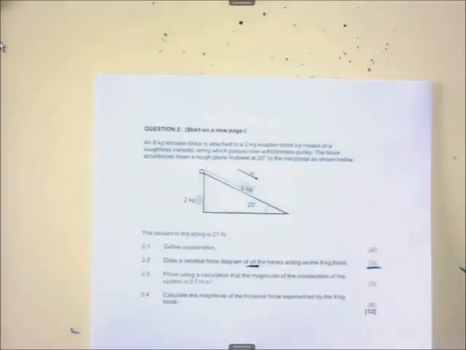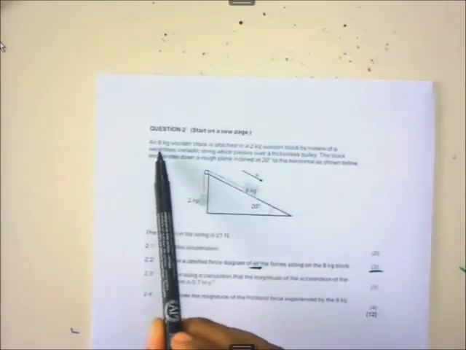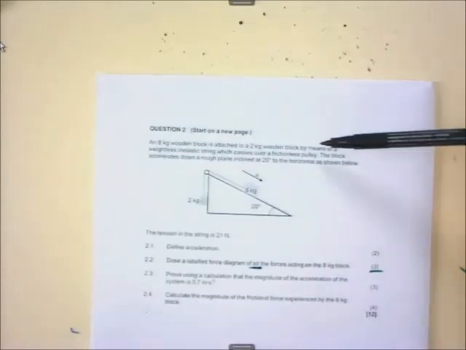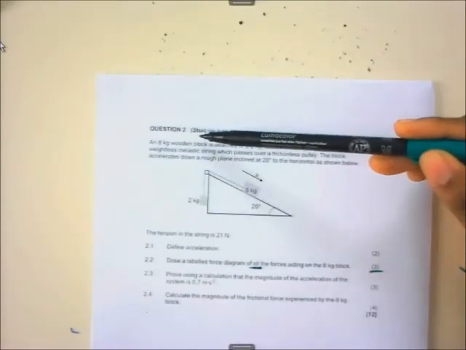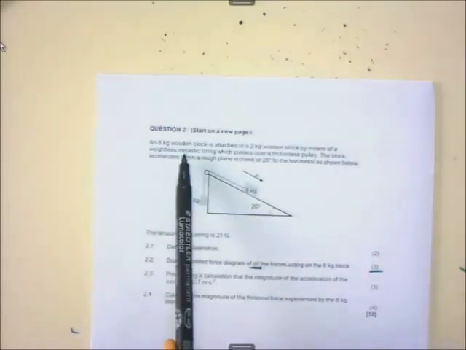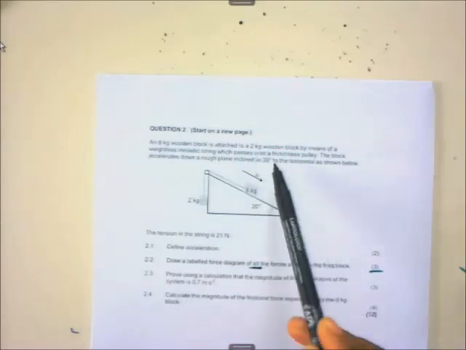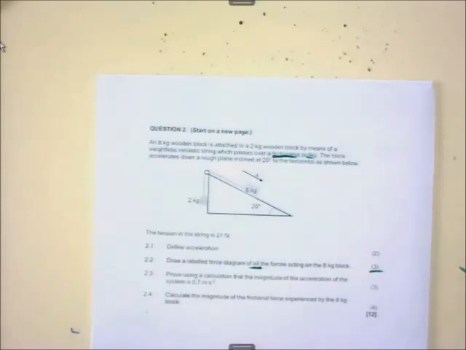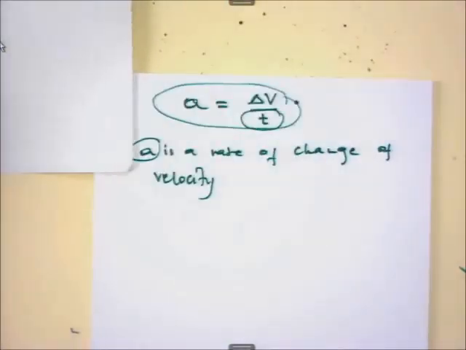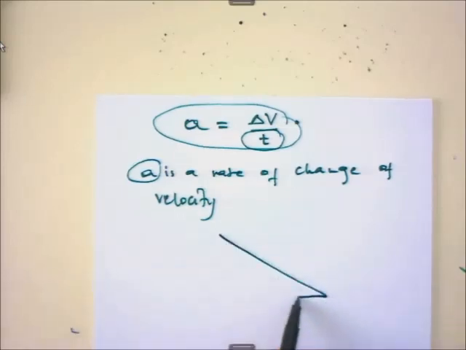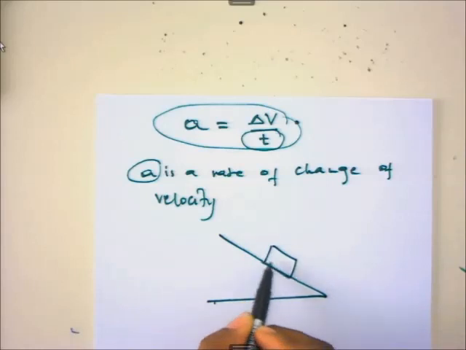Now, let's look at this. We were told that an 8 kg wooden block is attached to a 2 kg wooden block by means of a weightless inelastic string which passes over a frictionless pulley. The block accelerates down a rough plane. Now, when we have to identify the forces, this is our slope. Then we identify the forces acting on the 8 kg block.